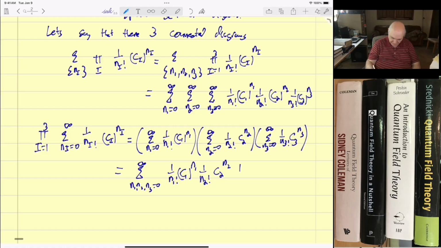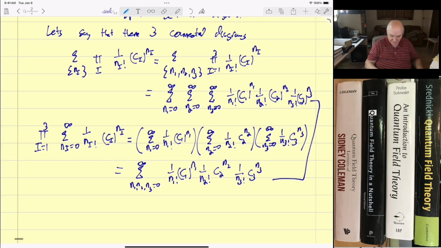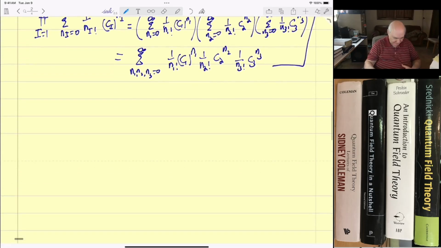Remember, we're taking a specific integer here, but we're summing over all of them, so we're going to get all these terms. And these two things are exactly the same. So, just in case that bothered you, it bothered me when I first saw it, but I wrote it out like this, and then I was okay.